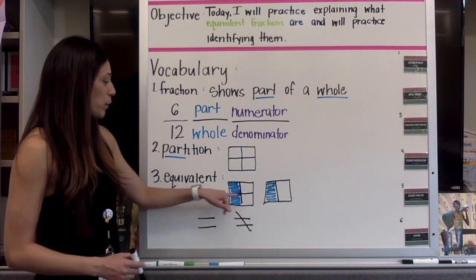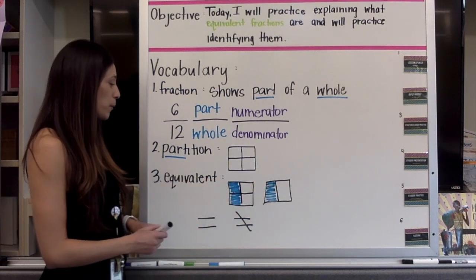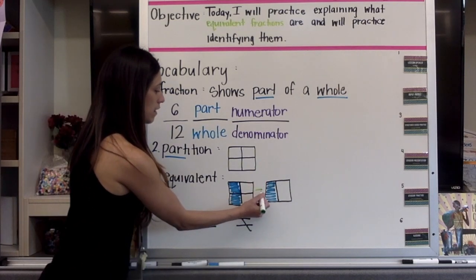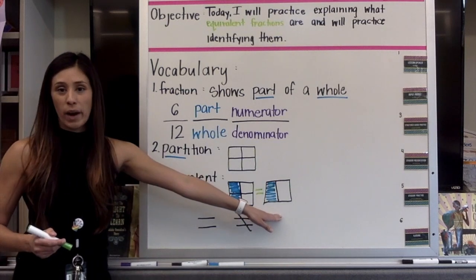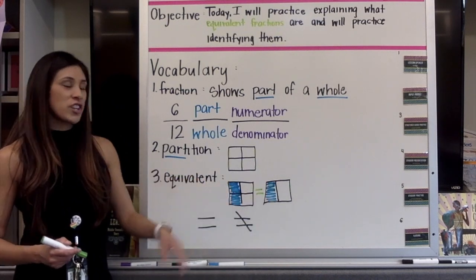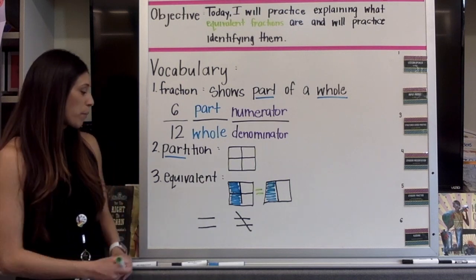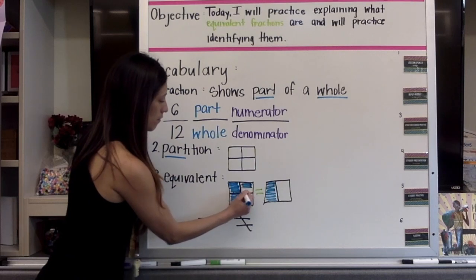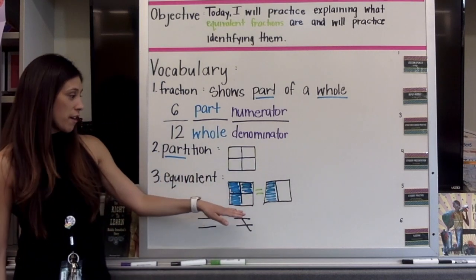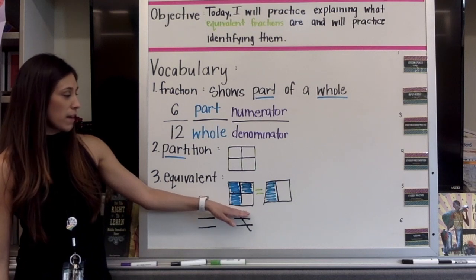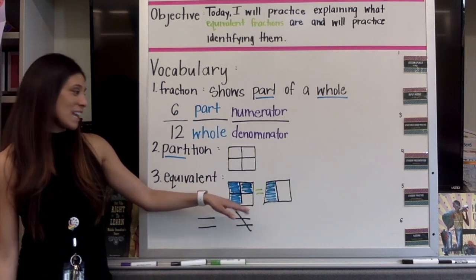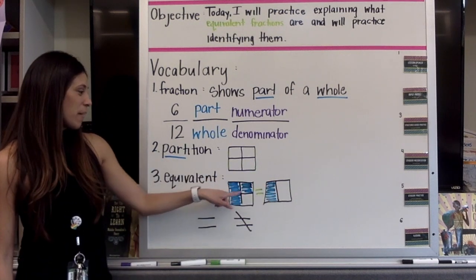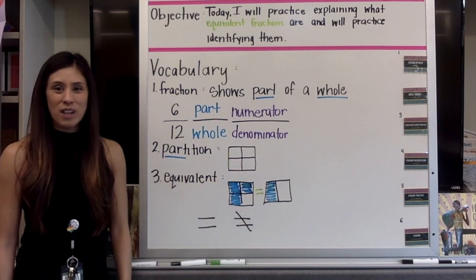So if I were describing these two squares, I would say that this square is equal to this square. If they were not shaded the same way, for example, if I shaded another share in the first square, all of a sudden you can see that the unshaded parts are not equal and the number of shaded parts is also unequal.